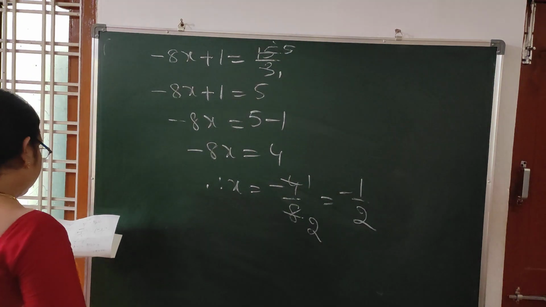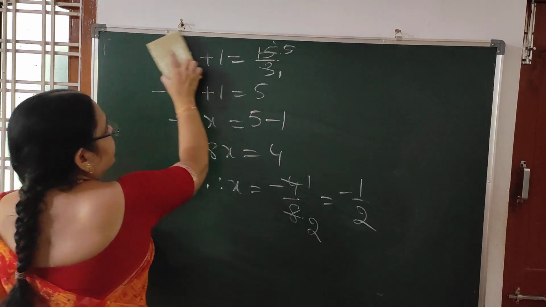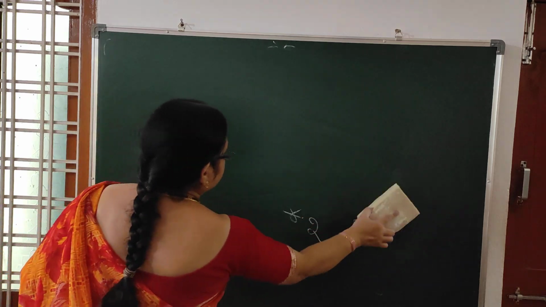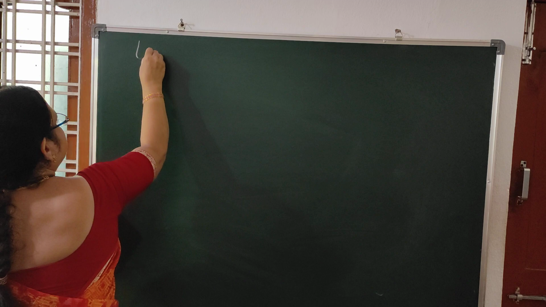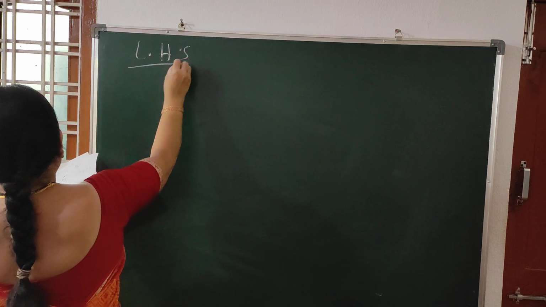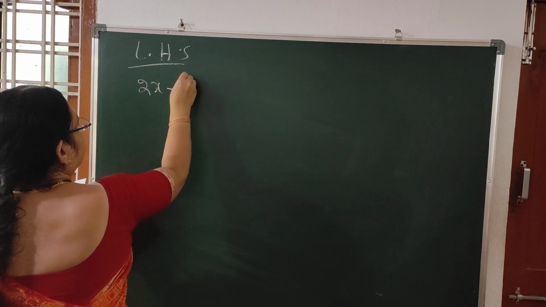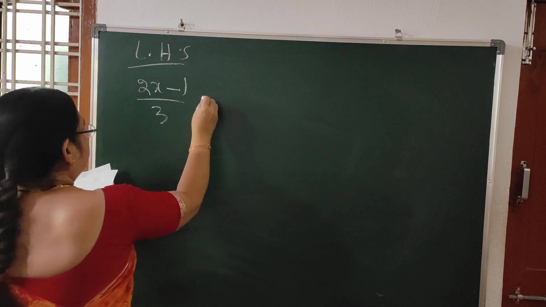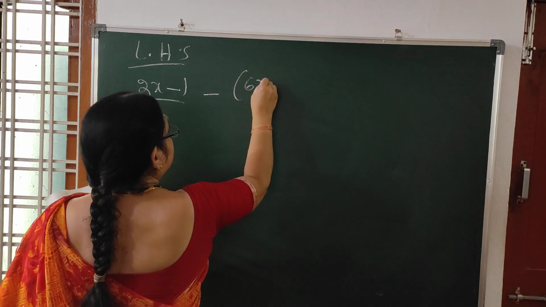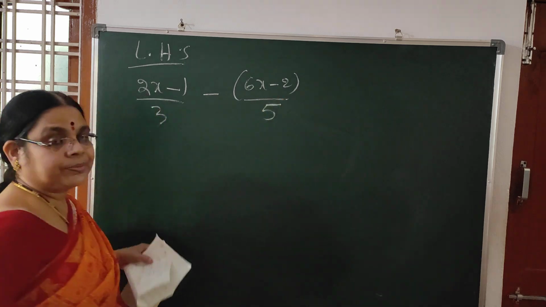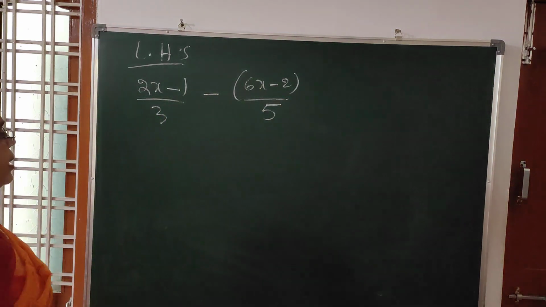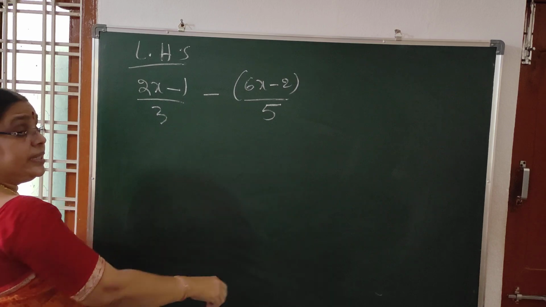The x value we got is minus 1 by 2. Now I am going to substitute this in LHS, because only in LHS you have a variable. So what is given in LHS? (2x minus 1) by 3 minus (6x minus 2) by 5. You got x as minus 1 by 2.